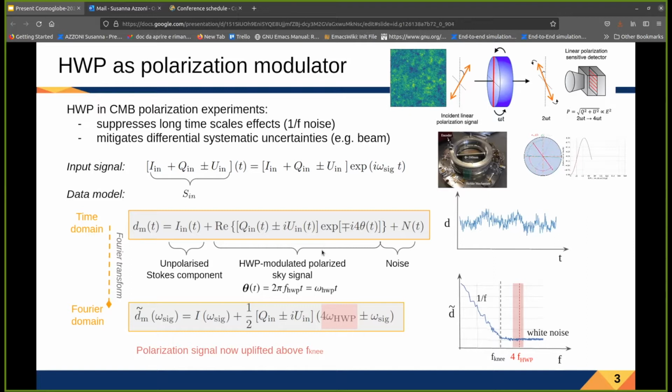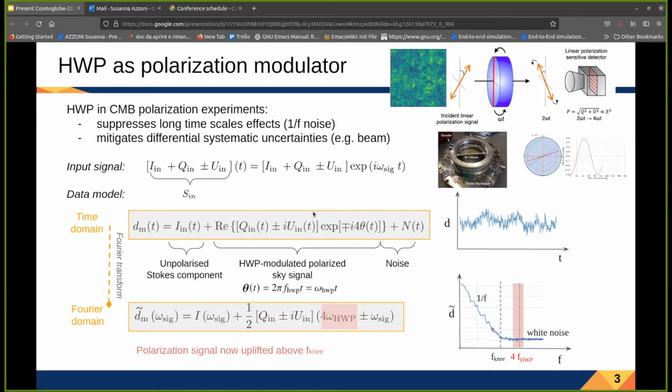So the phase of the half-wave plate is related to the frequency of the half-wave plate this way, and to the spin rate of the half-wave plate multiplied by time. So essentially the rotating half-wave plate has a steady velocity given by the frequency of the half-wave plate, such that the phase is given by this expression. And the modulation frequency is then given by 4 times the frequency of the half-wave plate. And so the detector output is modulated at 4 times this half-wave plate rotation frequency.